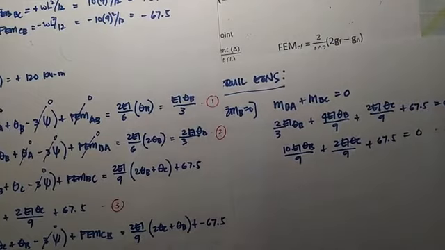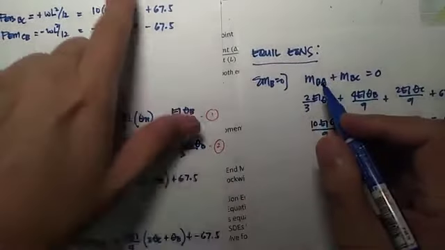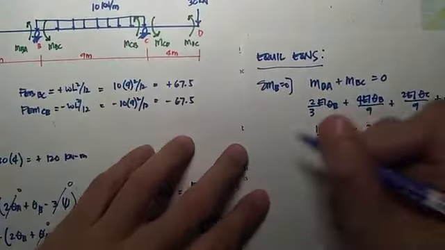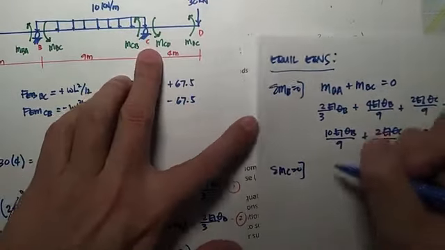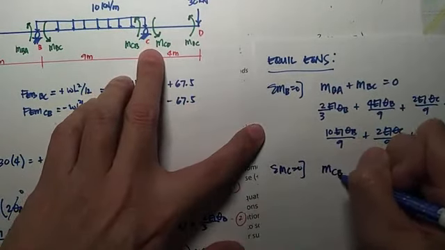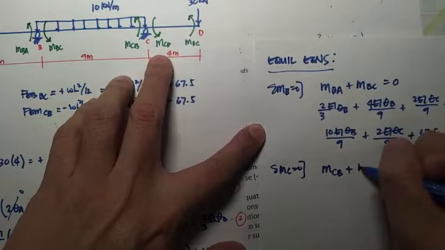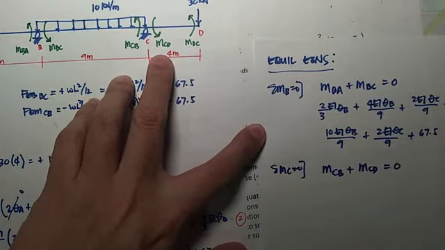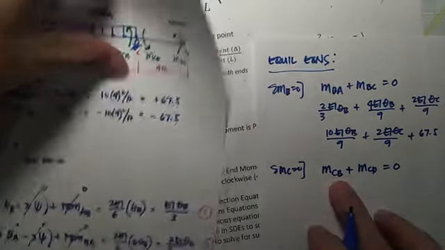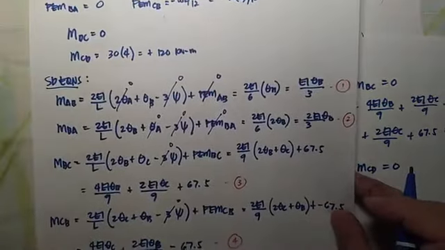Okay. Another equilibrium equation is at support C, diba? At support C, summation moment at support C equal to 0, dapat ang moment natin sa CB, pag inadd natin sa moment sa CD, should be equal to 0. Okay, so ano yung CB? Yung CB, ito.